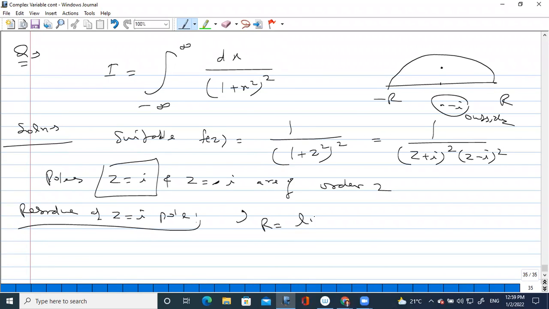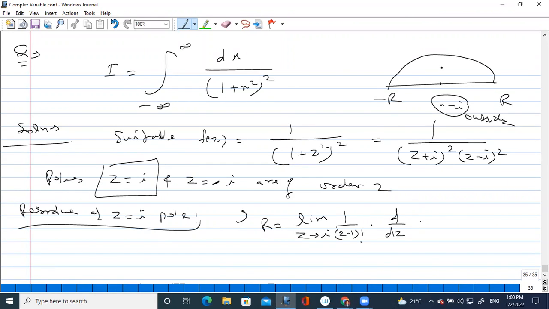limit z tending to I, 1 upon factorial n minus 1, 2 minus 1 because order is 2 here. 2 minus 1 factorial into d by dz, because it is d^(n-1) by dz^(n-1).